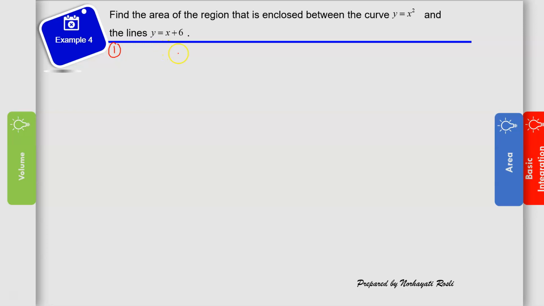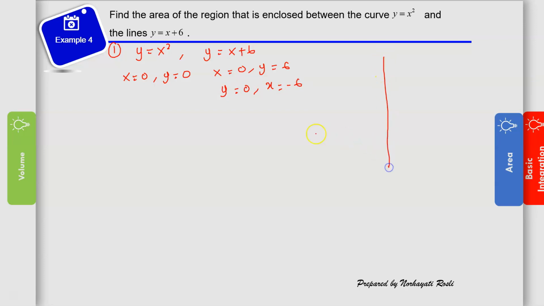Let's say I plot these functions. I have the first one, y equal to x squared, and then y equal to x plus 6. When I set x equal to 0 for the first one, we have y equal to 0. For the second one, when x equal to 0, we have y equal to 6. And when we set y equal to 0, we have x equal to negative 6.